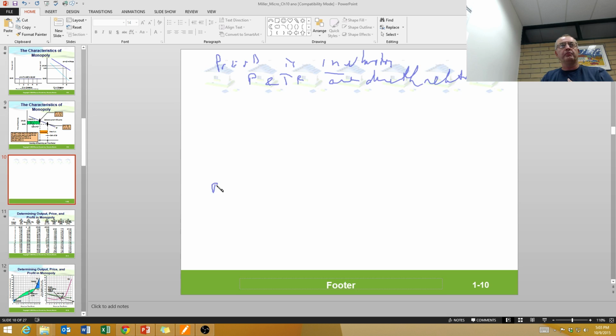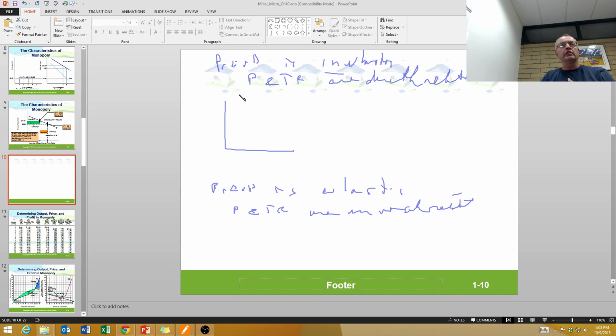And if the price elasticity of demand is relatively elastic, then price and total revenue are inversely related. So I was going to try to diagram this, so I left a space.